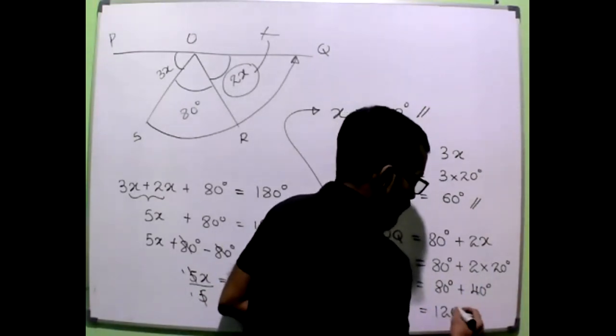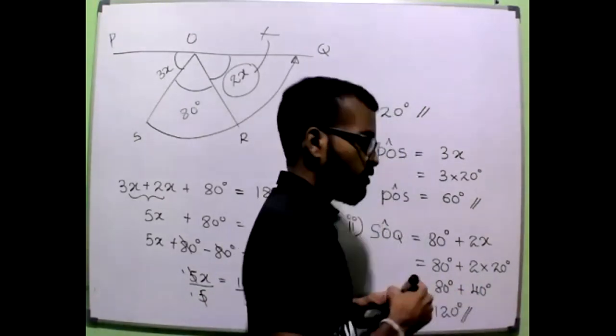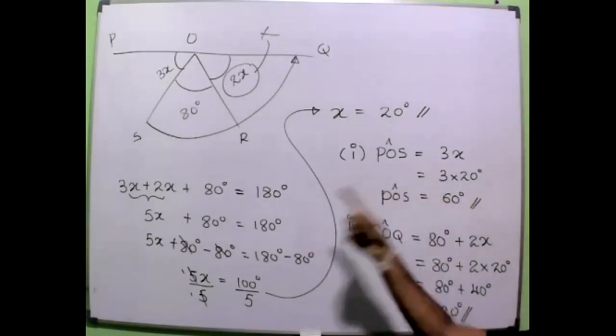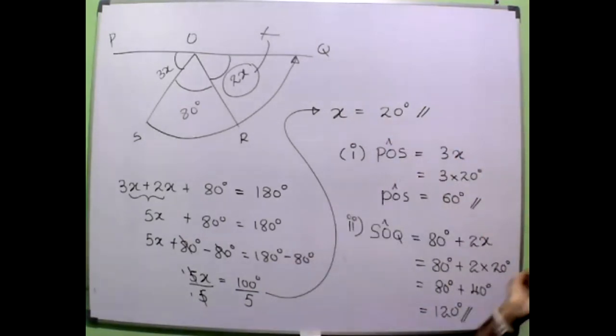Then 120 degrees. So this is the way. If you didn't get the correct answer, please write down this method. I will upload this video, so you can go through this later if you do not understand anything. I think it is good.